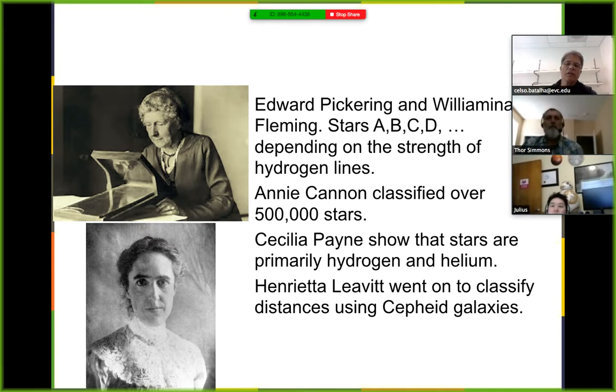So they classified stars based on hydrogen lines because they were easier to find, and they called star A those stars with the strongest hydrogen line, and then star B, C, D, and so on. And then later on, they changed the classification. They put numbers in between those letters when the technology of the spectrographs improved.